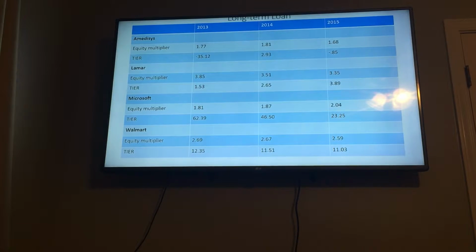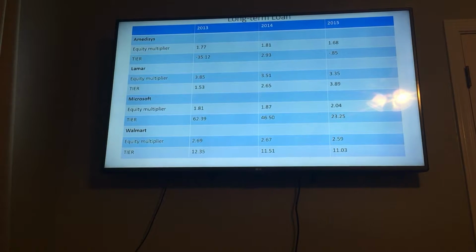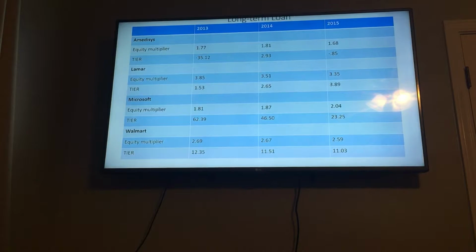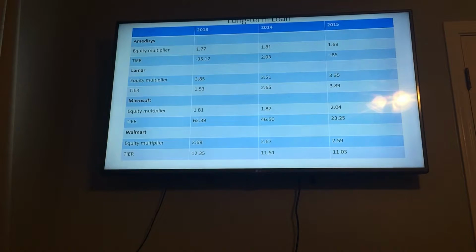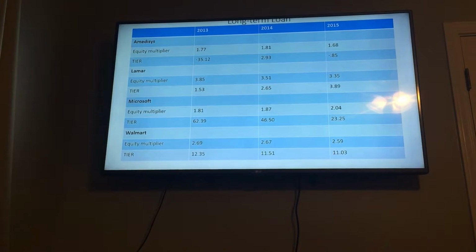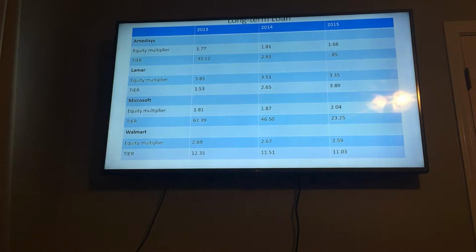So a high times interest earned is preferred, but whenever you see firms with a really high times interest earned, this may be that they're inefficiently using the profit that they're making, or they're not reinvesting into the company. So you've got to look at that also.